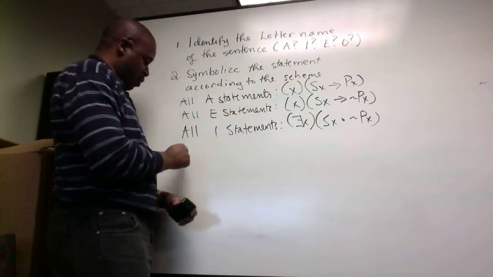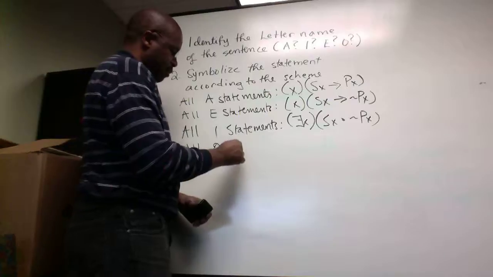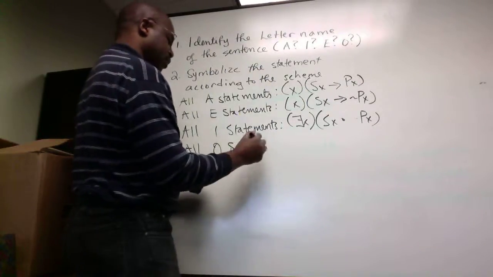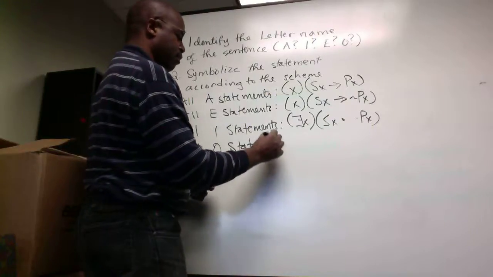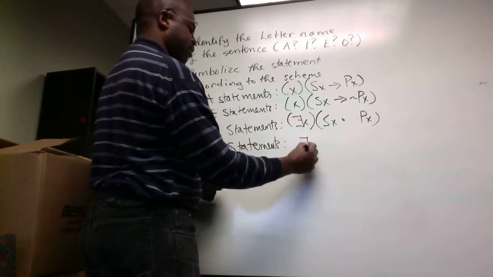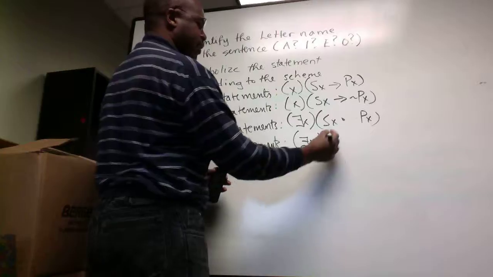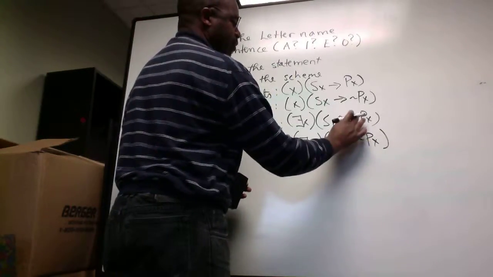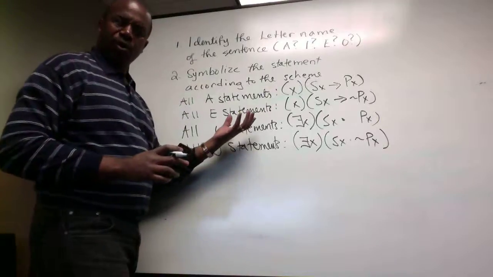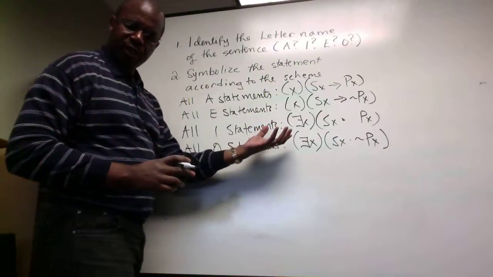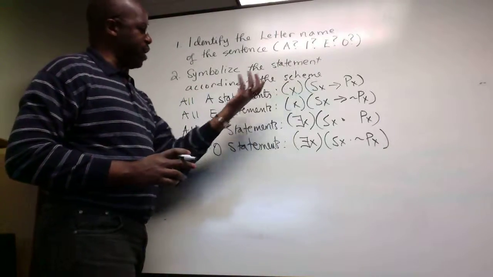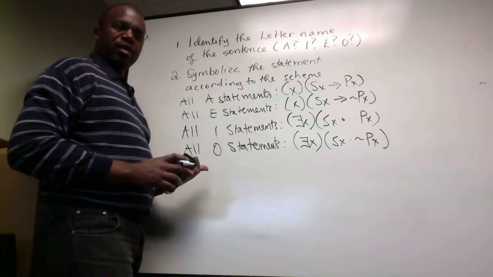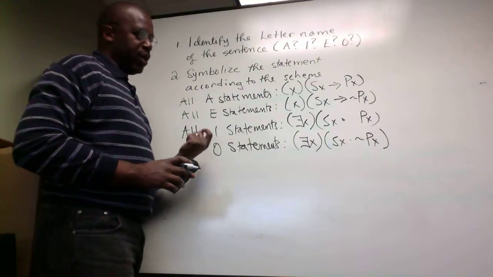And all O statements, you don't need a tilde there. All O statements are symbolized like that. Again, please go back to categorical syllogisms and refresh your memory on how an A, E, I, and O statement look.